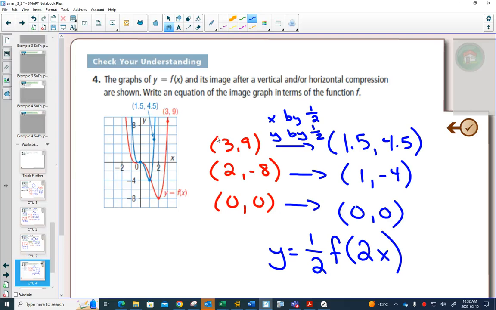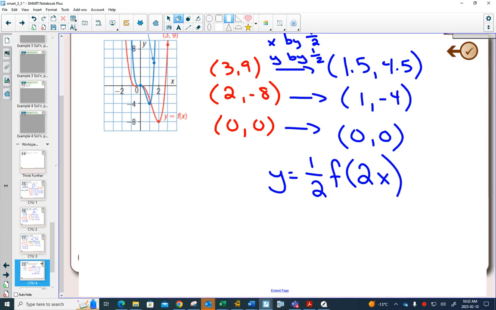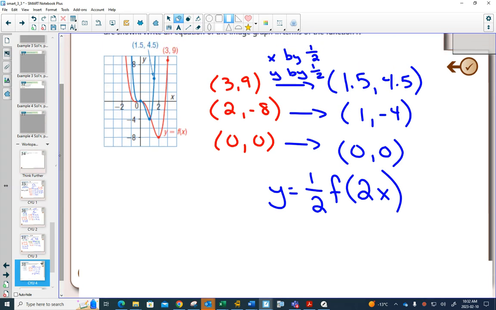Now, the second method that we're going to use later on, and I'll show it to you right now, is you would choose 2 points on the original graph and choose 2 points on the image graph.